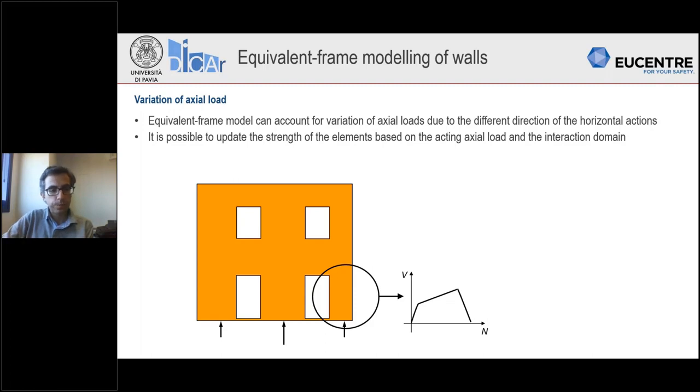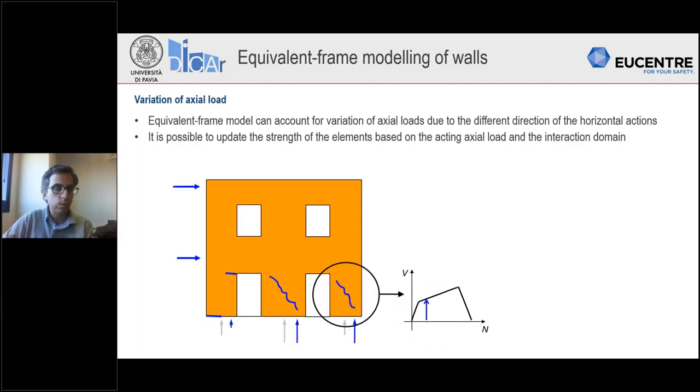For example, if we consider this simple wall and we are focusing on this element, this pier, this is the interaction domain of the piers. Now let's assume having a horizontal action which is rightwards. So this pier probably will have an increment of axial load, and it will be characterized probably by a shear failure, or at least a shear mechanism.